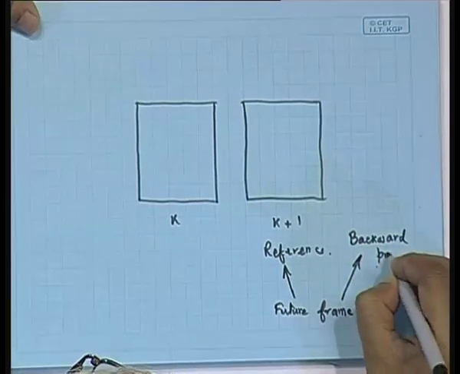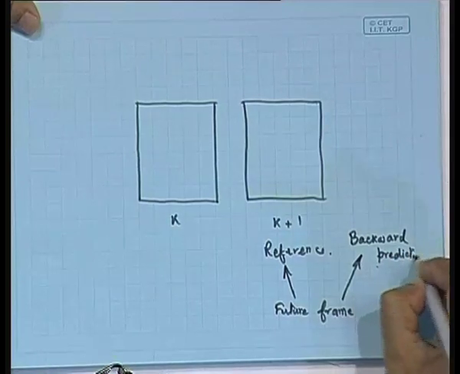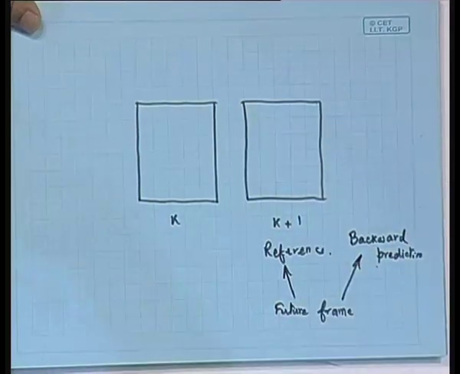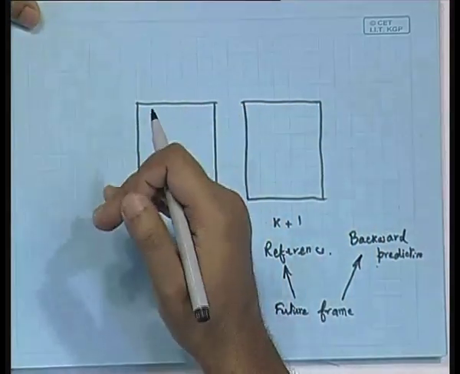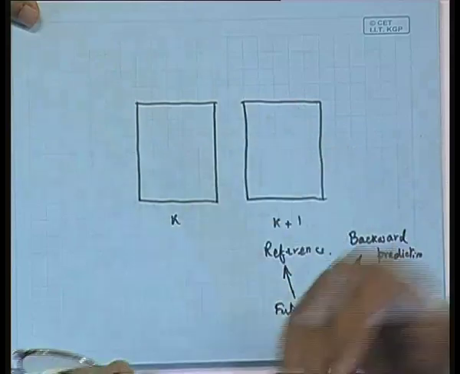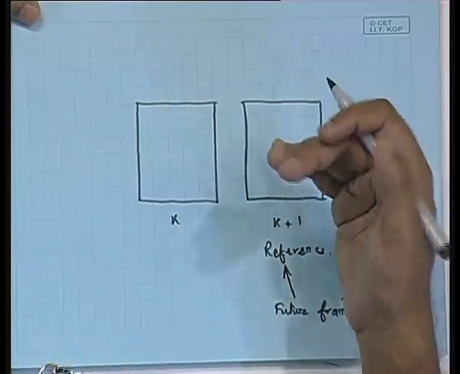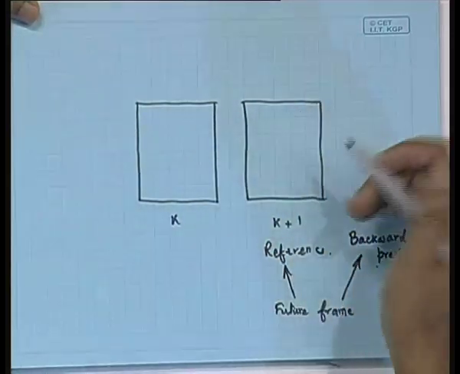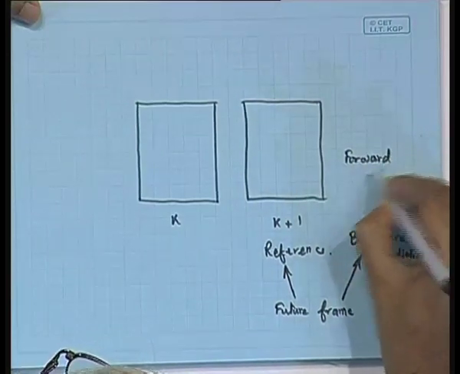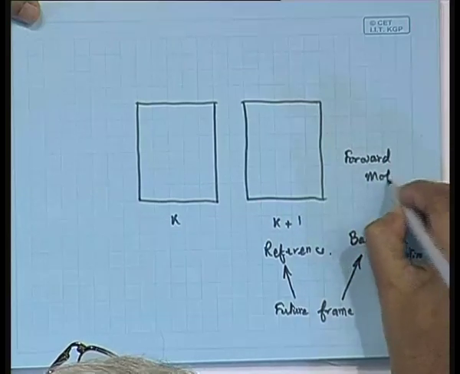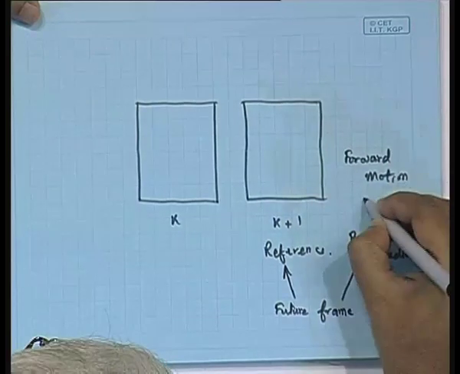The motion estimation process in this case is a forward motion estimation. Why? Because frame k is the candidate frame and it finds the motion vector by considering frame k plus 1, which is forward in time. So it is a forward motion estimation that leads to a backward prediction.